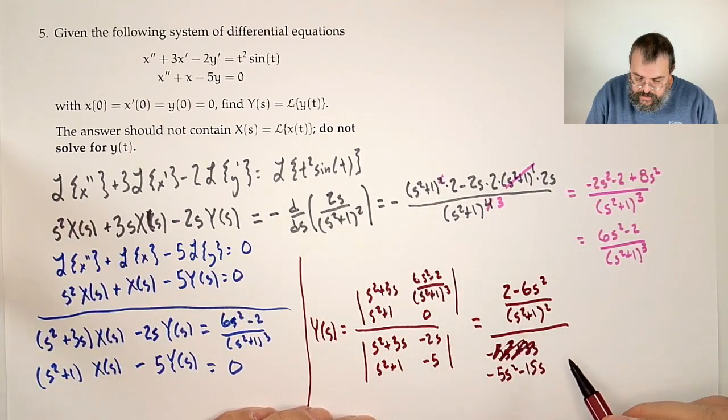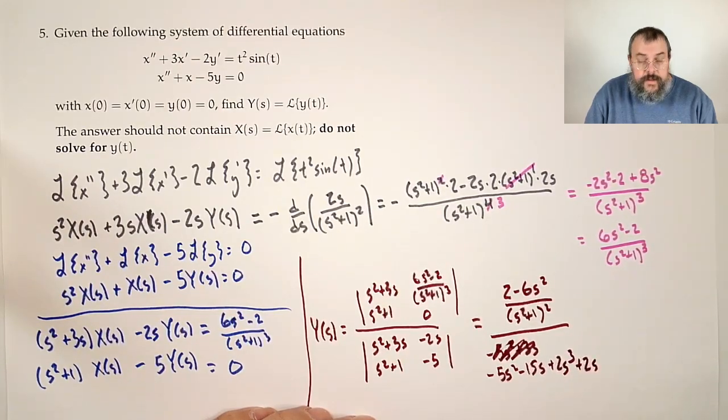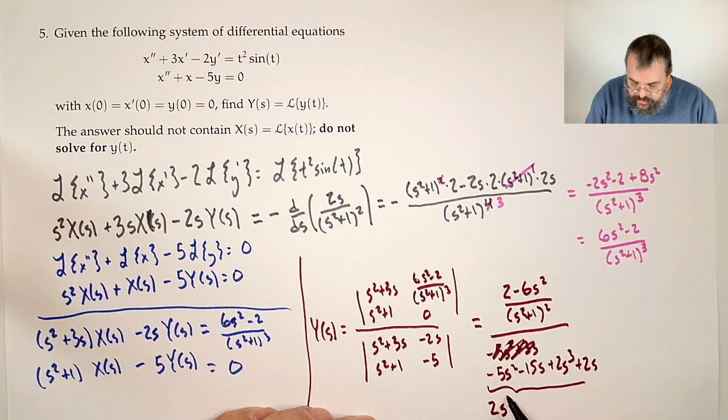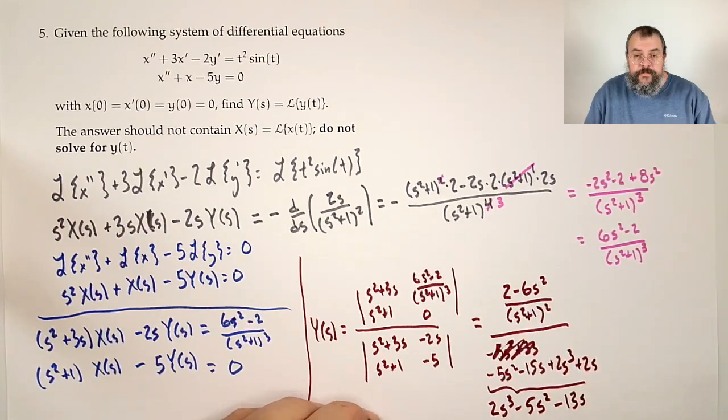This direction will have a minus this, so plus 2s cubed plus 2s. Or, if you like, this becomes 2s cubed minus 5s squared and a minus 13s.